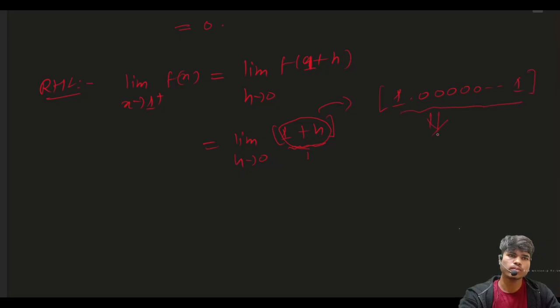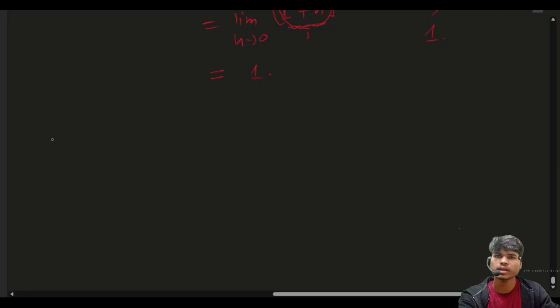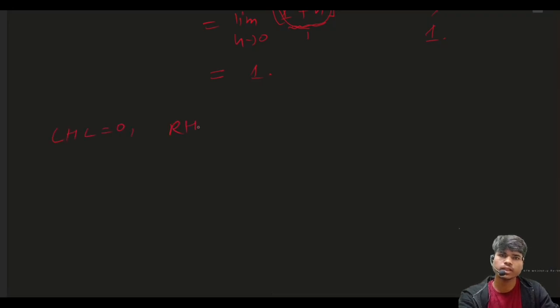So by the box property, this quantity is always 1. So the right hand limit will always be 1. Here left hand limit equals to 0, right hand limit equals to 1. So left hand limit is not equal to right hand limit.